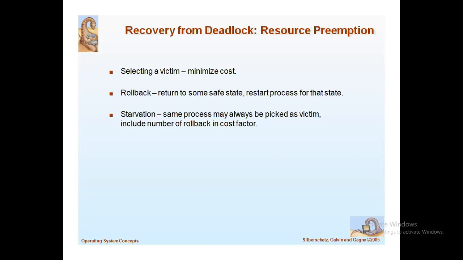Selecting a victim is deciding which resource and which processes are to be preempted. You must determine the order of preemption, so that we can minimize the cost. That is selecting a victim.